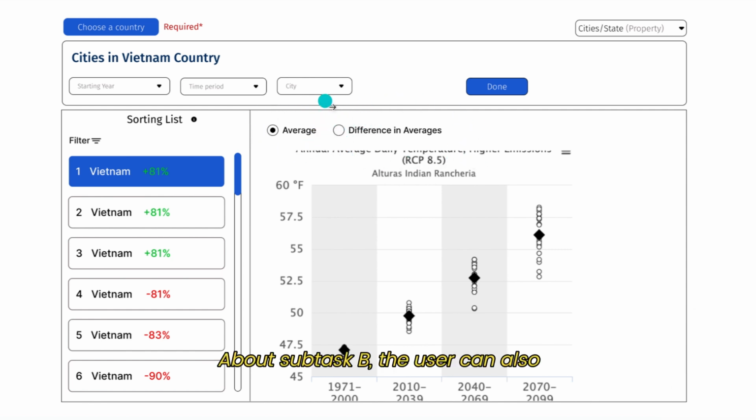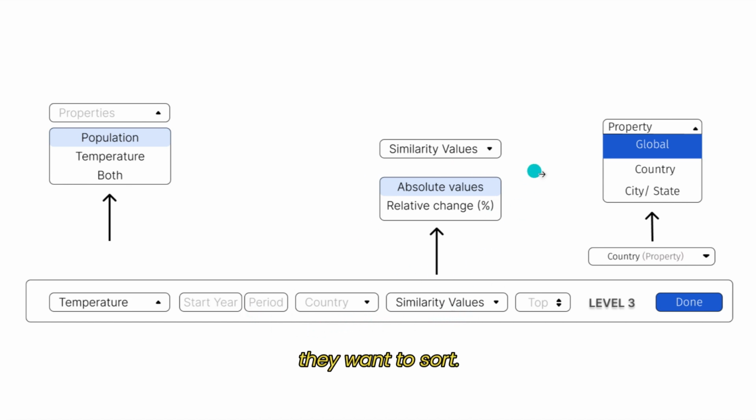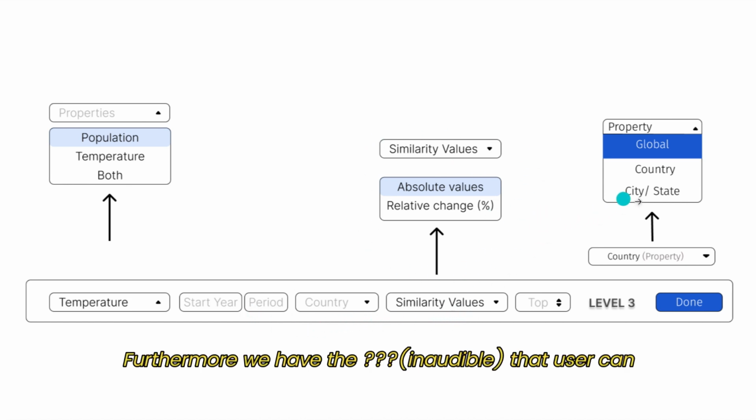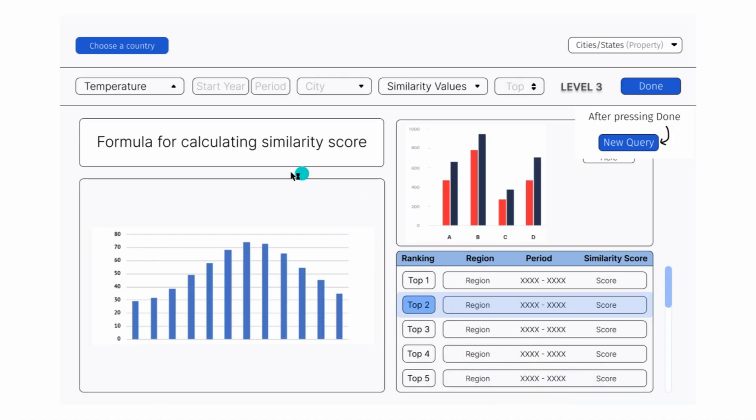About setup B, the user can also input their properties like the population, the temperature, or both of them, and the starting year and the time period, and the similarity values, and also the property they want to sort. Furthermore, we have the top-ranked result, where the user can choose the number of similar regions they want to see.